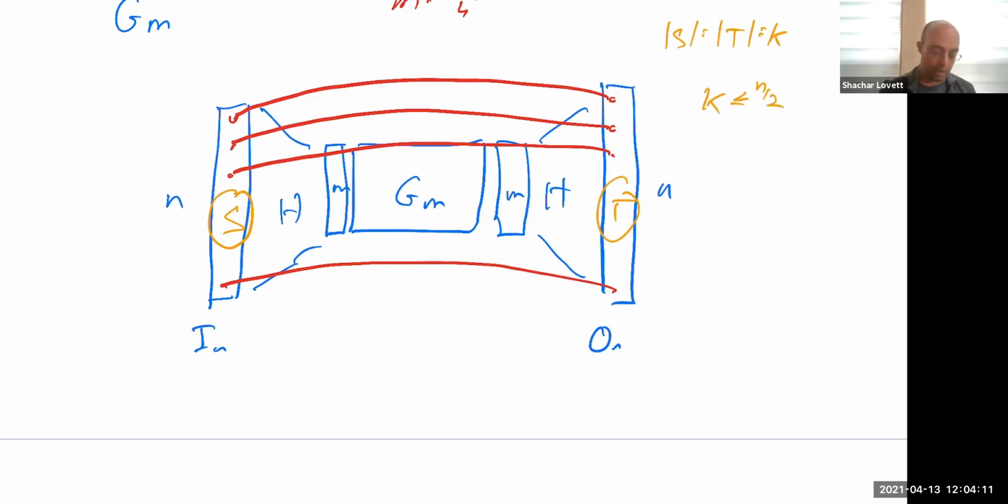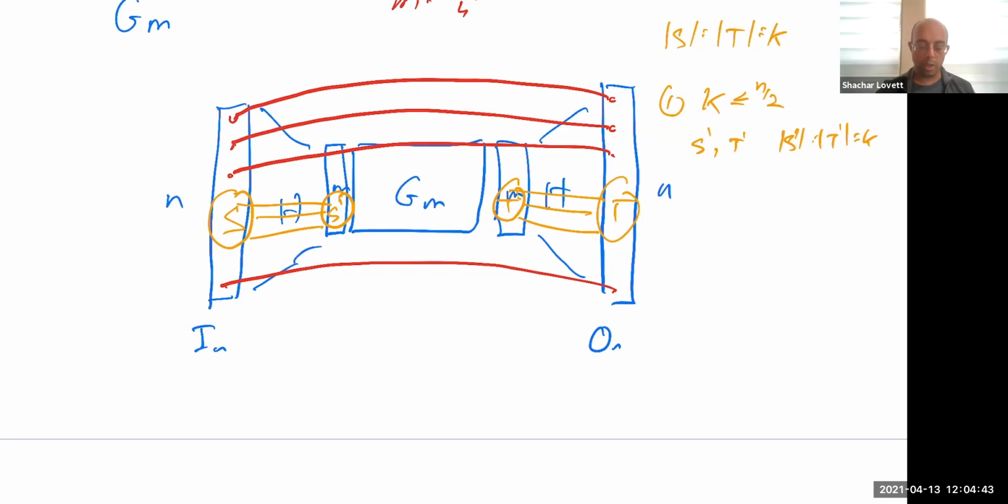In this case, I claim I can find a set S prime and a set T prime of the same size, such that there is a matching between S and S prime and between T and T prime. We'll see why in a second. Assuming that, we can recursively use G_m to connect S prime and T prime.